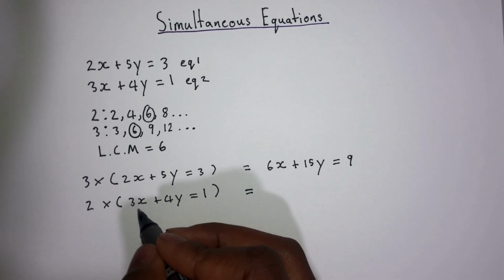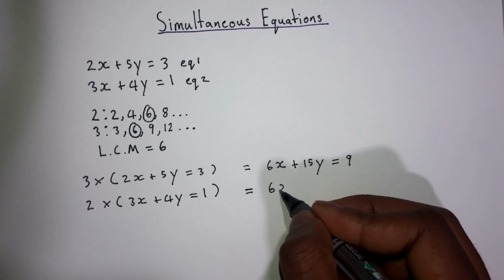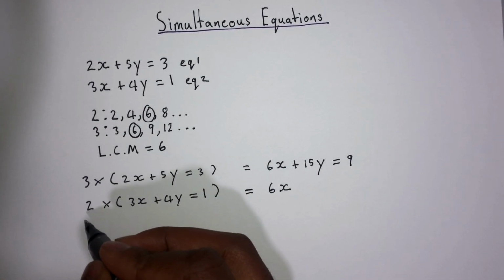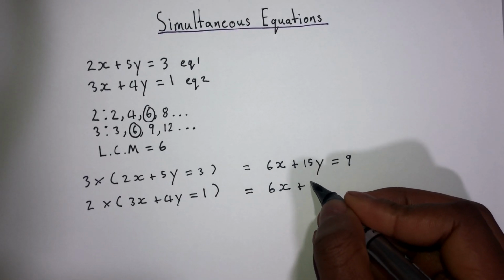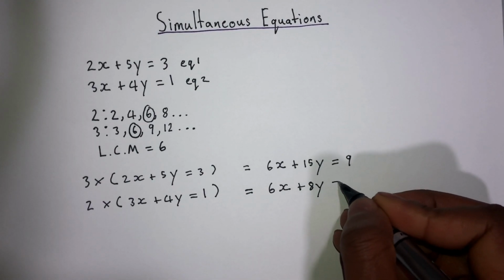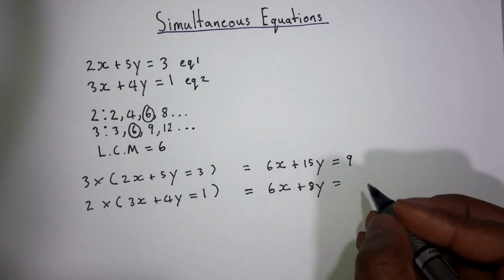Now 2 times 3x gives us 6x. And 2 times 4y gives us 8y. And 2 times 1 gives us 2.